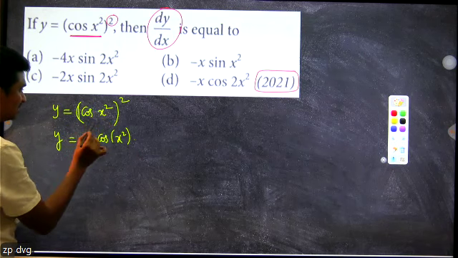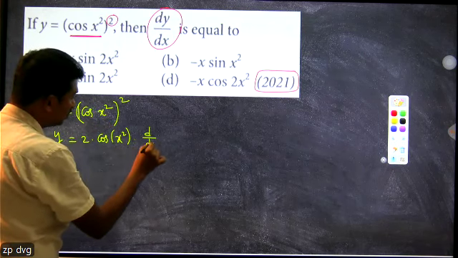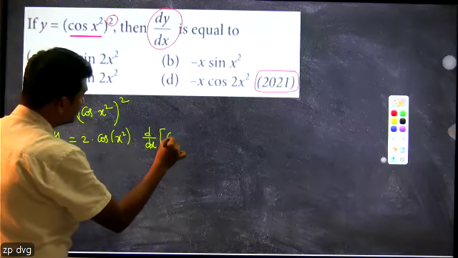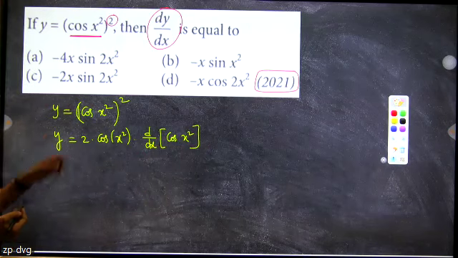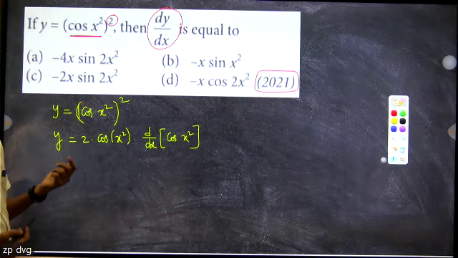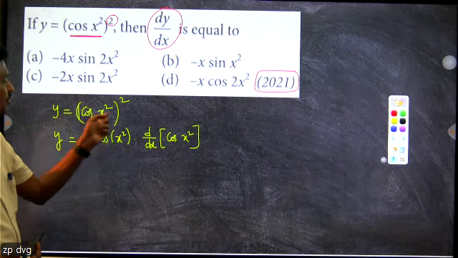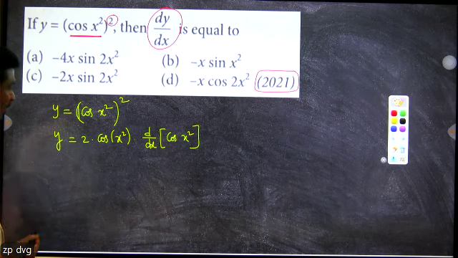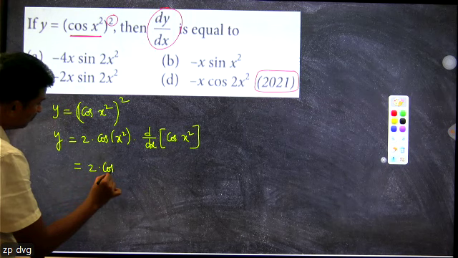Derivative of cos of x square. No need to write all the steps, but to understand the things easily, I'm writing all the steps here. Derivative of x square is 2x into derivative of this part, cos of x square. This equals 2 into cos of x square.